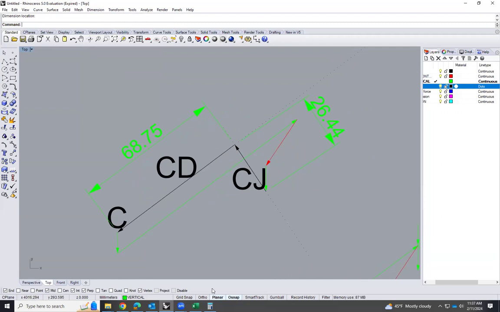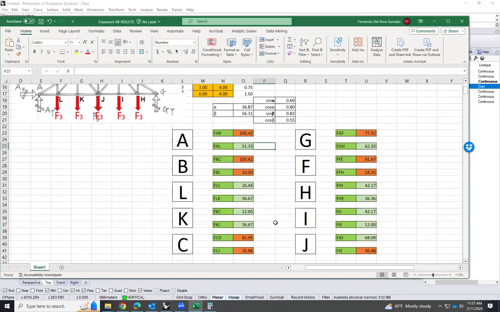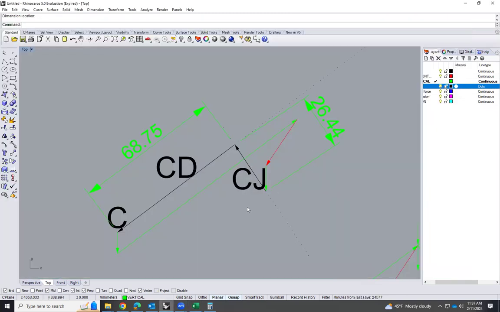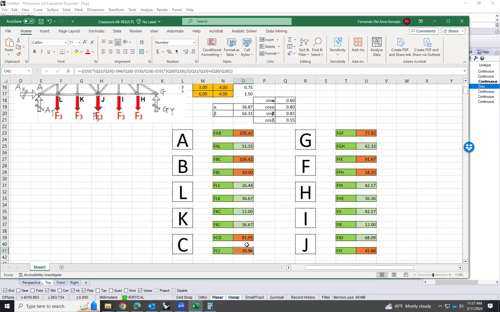So let's look at CD and CJ, it's 35. Yeah, so I think there's a mistake here. I think I made the mistake in the Excel file, so I have to fix it.